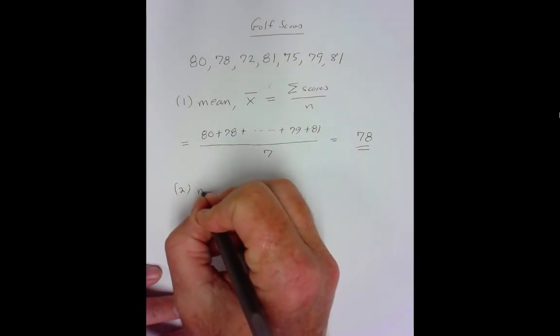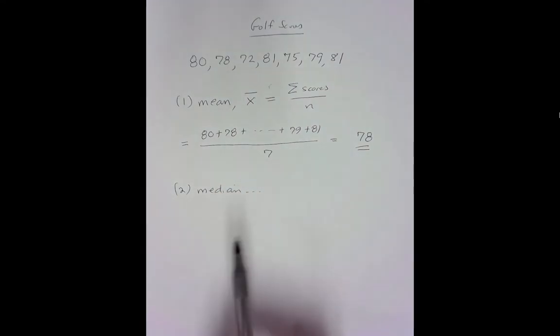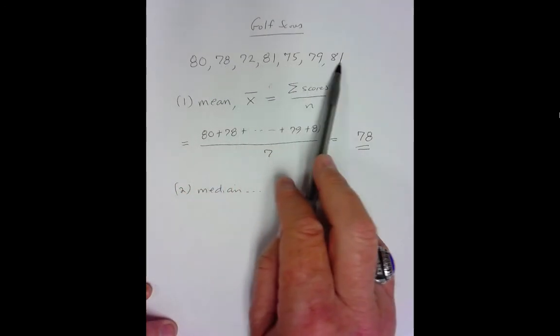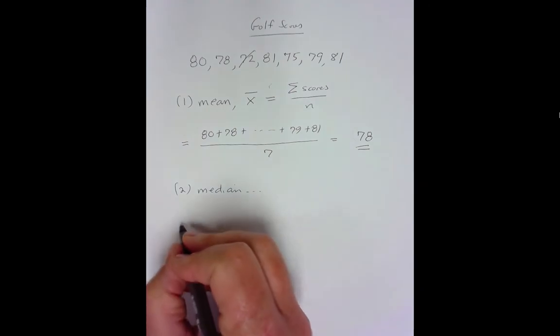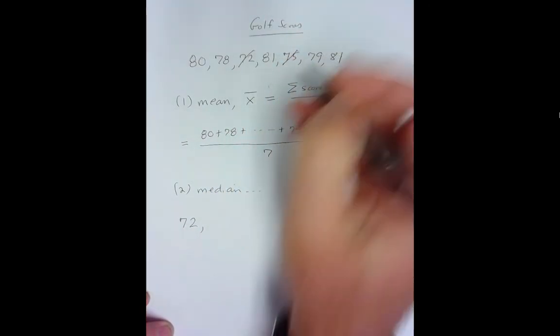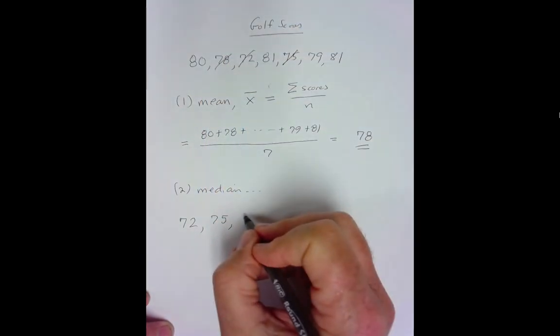Now, to find the median, as I talked about earlier, you need to be able to arrange the numbers from low to high. So when I just glance at these, I see that the lowest round I shot was a 72, so I'm going to put it first. The next best round was a 75. The next best round was a 78.